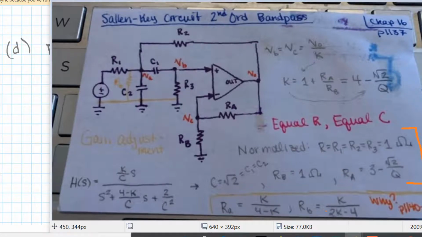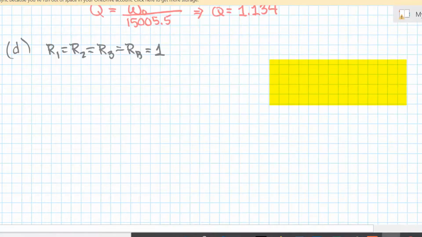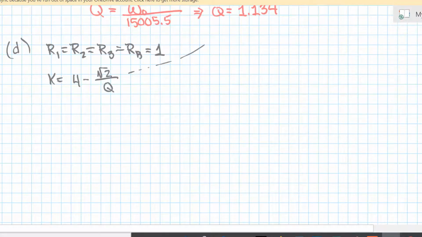And I was wondering, why do we need those? It was a gain adjustment. It's explained on 1140 to 1141 of the PDF, which I think is 1123 and 1124 of the hardcover. But I need this to find K. So 4 minus square root of 2 over Q. And our Q is what we just found up there. And I get 2.7529.